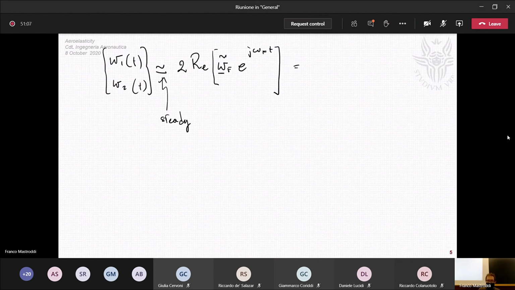And in components, we have 2 components because we have a vector. The constant is essential. I can put this constant here, assuming that this constant is real. If you assume that this constant C1 is complex, this kind of demonstration is identical apart from a phase shift in time. So please, don't care about the constant.